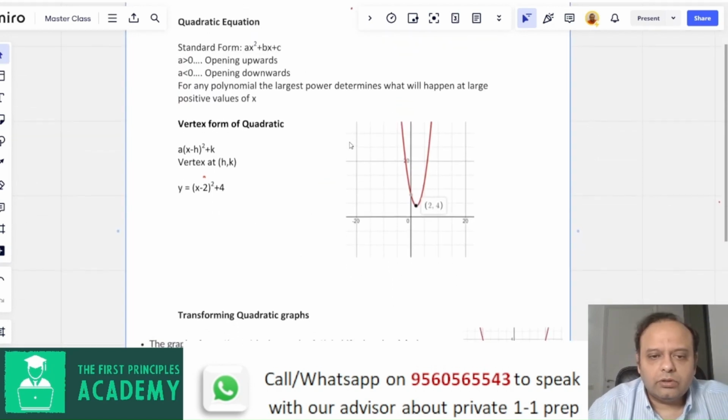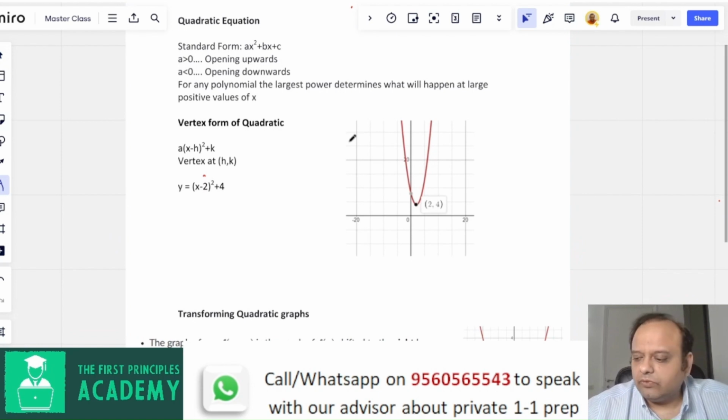Okay, so we can easily write quadratic equations in vertex form also. What does that do? It helps us identify what the vertex is. The common vertex form is a times x minus h square plus k. If you see an equation in this format, the vertex is h comma k, where h is the x coordinate and k is the y coordinate.